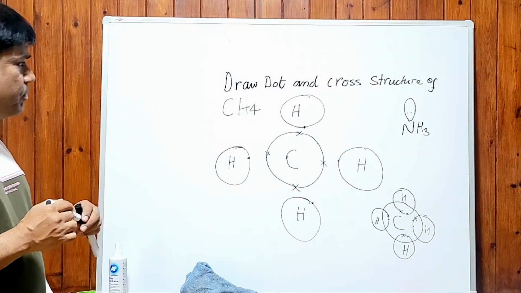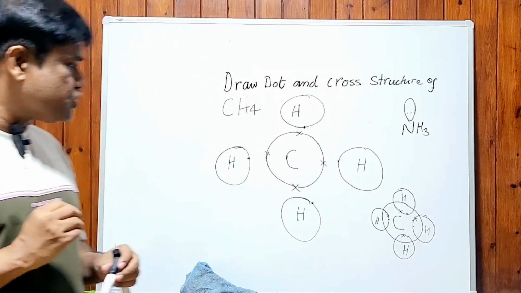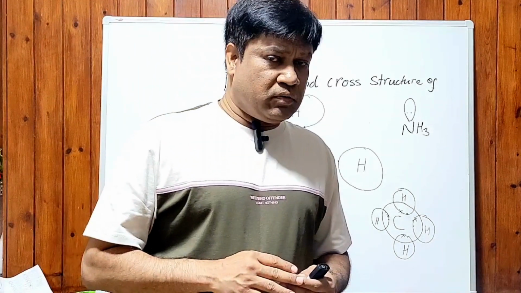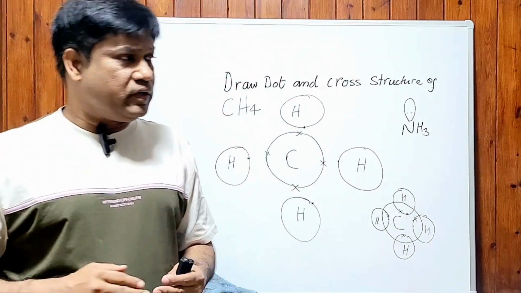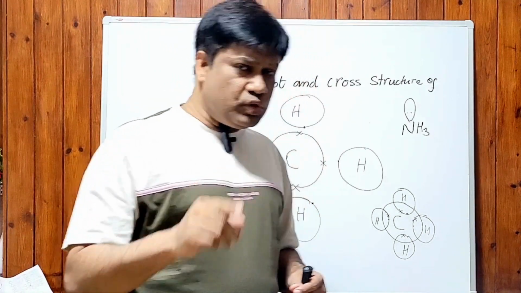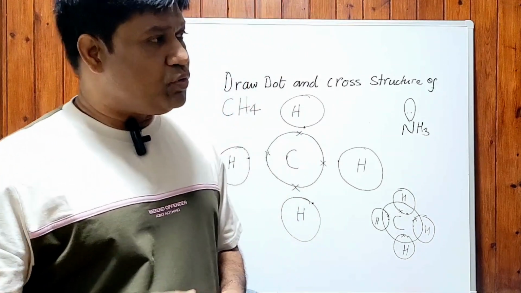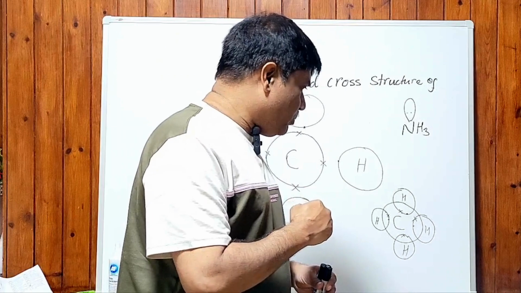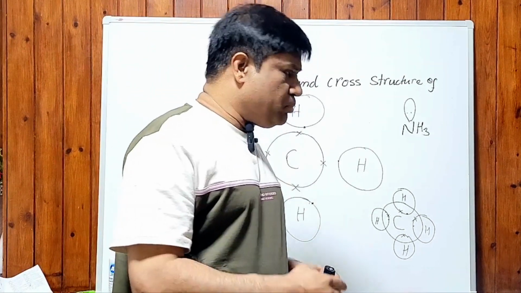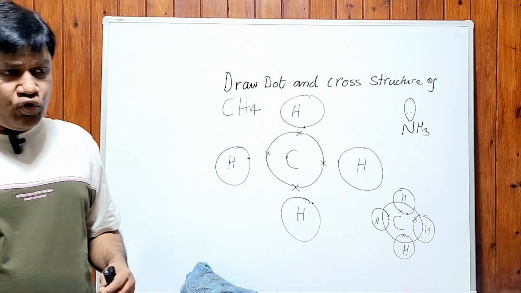You want to try PCl5? Yep, dot and cross structure of PCl5. We believe that almost all covalent compounds follow the octet rule. The octet rule tells you the stability of the compound or the molecule, but certain compounds formed due to covalent bonding will not follow the octet rule.